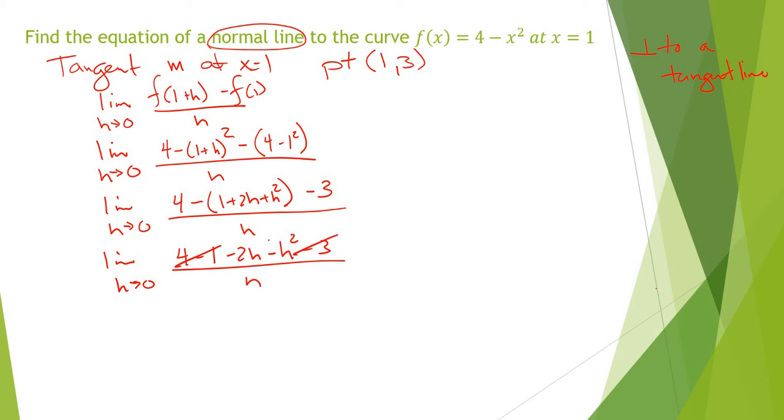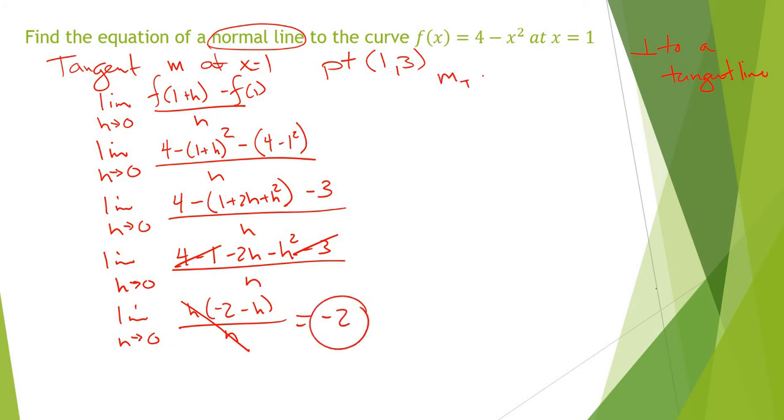It cancels there. I can cancel my h's. So I get, factor out an h at the top. Cancel those. Now I can plug in my 0 and I get -2. So the slope of my tangent line at x equals 1 is -2.